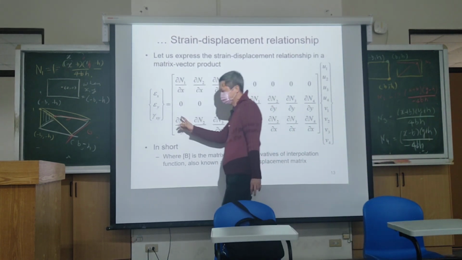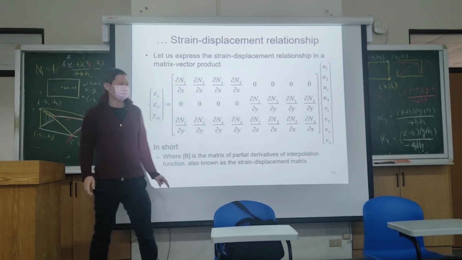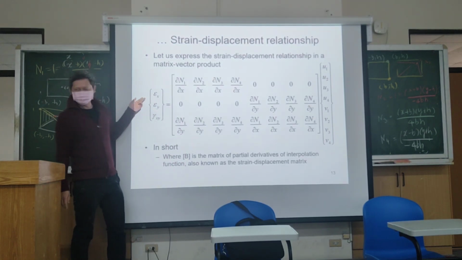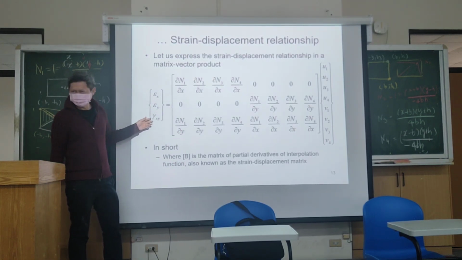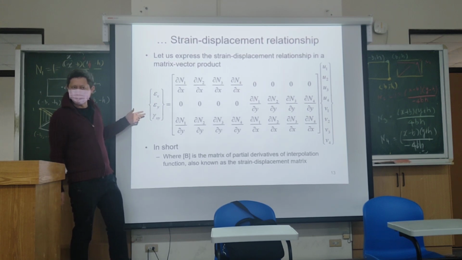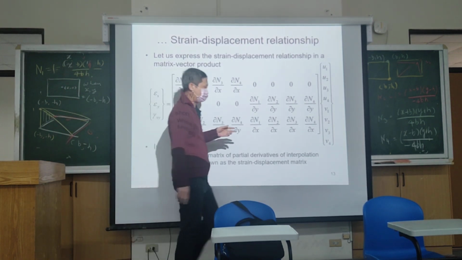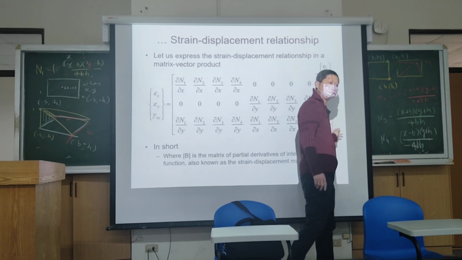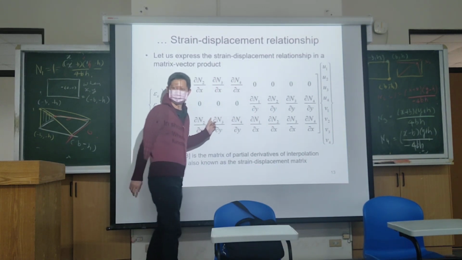And then your strain for 2D elements, you only have strain in the x direction, strain in the y direction, and shear strain. That is a 3 by 1 strain vector. So to link a 3 by 1 strain vector with an 8 by 1 displacement vector, now you need a matrix.